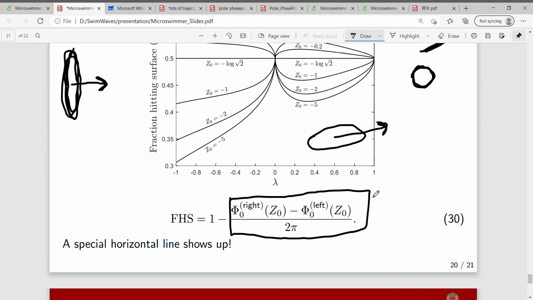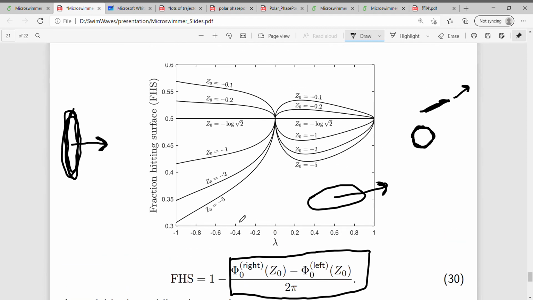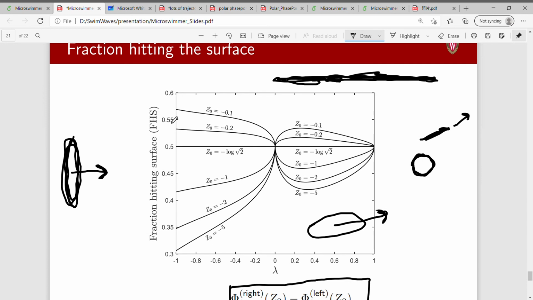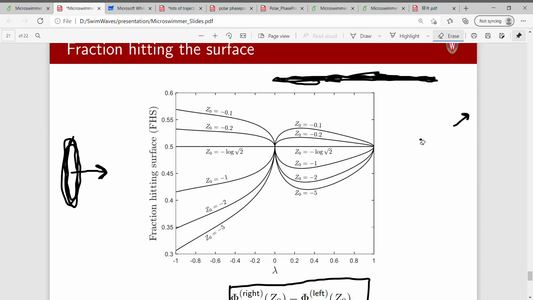So we use 1 minus that to find the fraction hitting the surface. And this is the plot. Let me clean that a little bit.